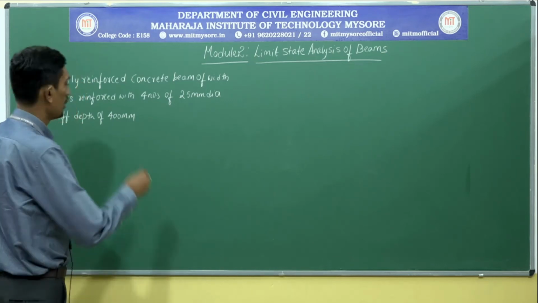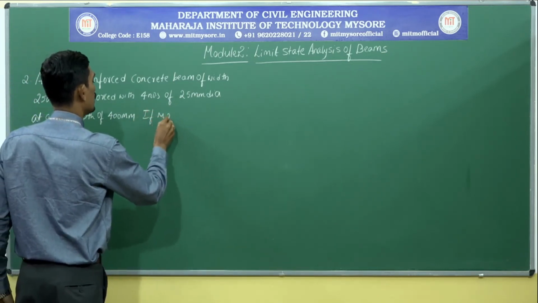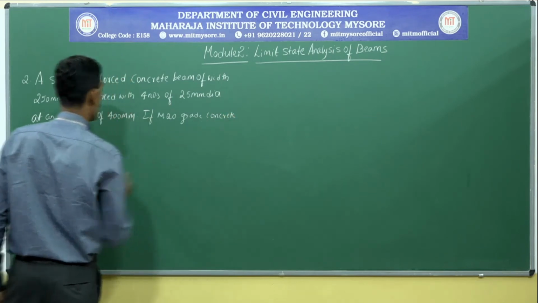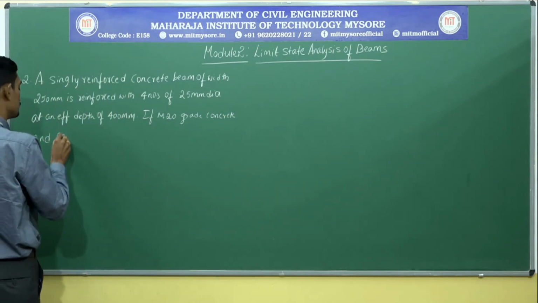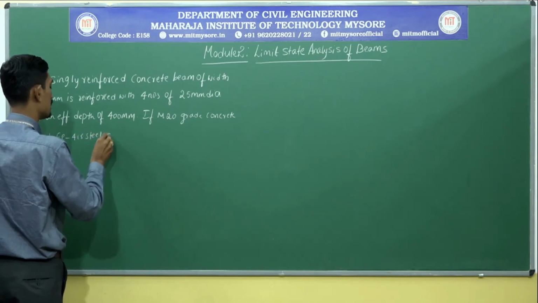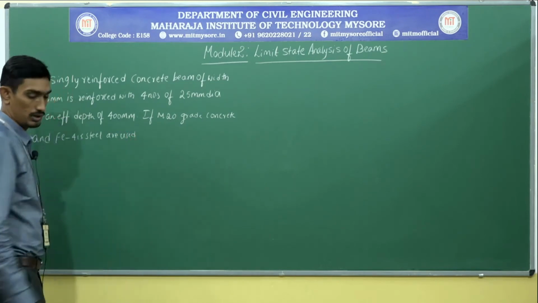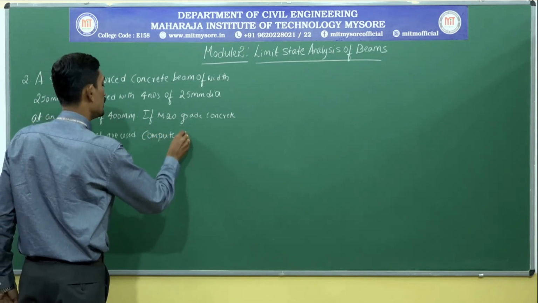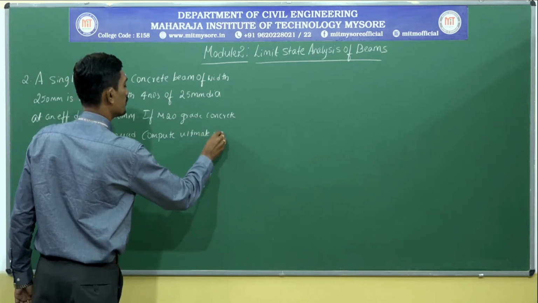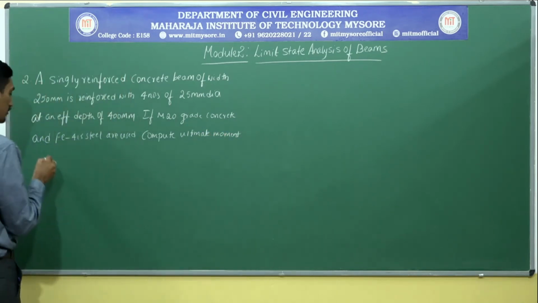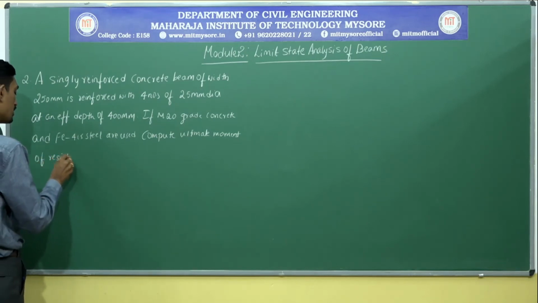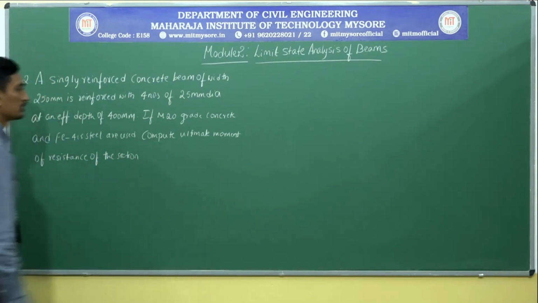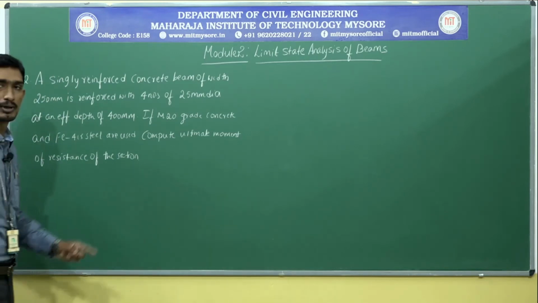If M20 grade concrete and Fe415 steel are used, compute the ultimate moment of resistance of the section. So, this is the problem that has been given.